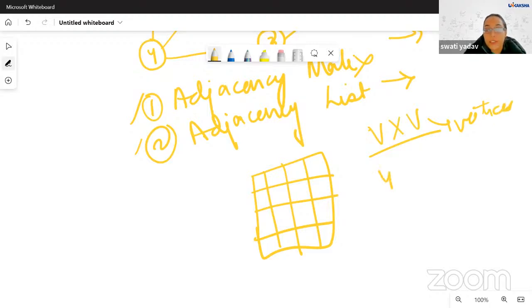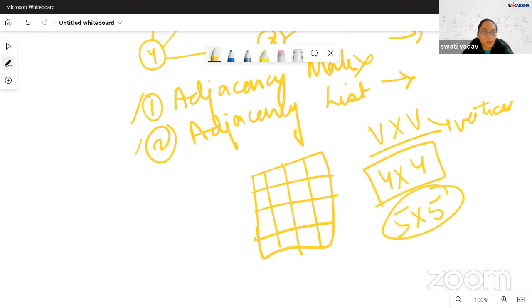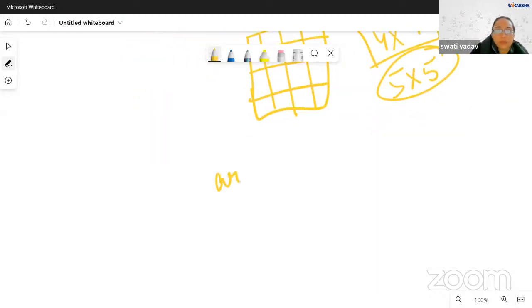If you have 4 vertices, then the size of the matrix would be 4 by 4. If you have 5 vertices, it would be 5 by 5, and so on.